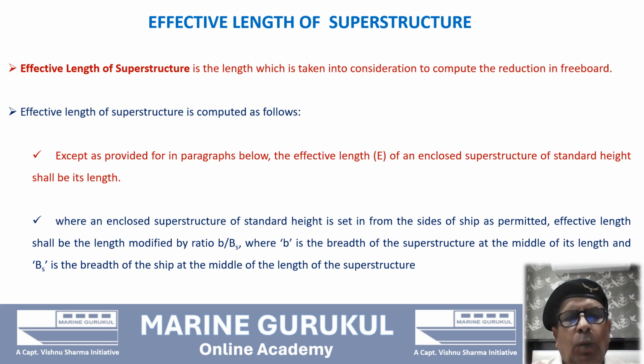So when an enclosed superstructure of standard height is set in from the sides of a ship as permitted, the effective length shall be the length modified by the ratio small b by capital BS, where small b is the breadth of the superstructure at the middle of its length and BS is the breadth of the ship at the middle of the superstructure.